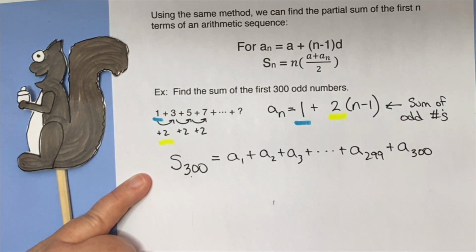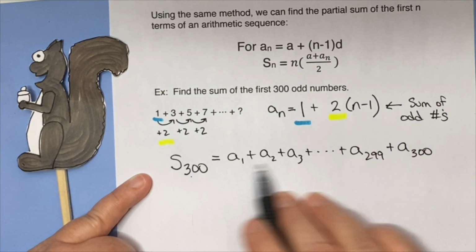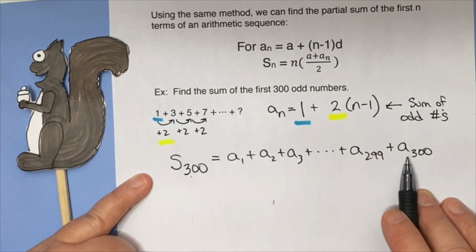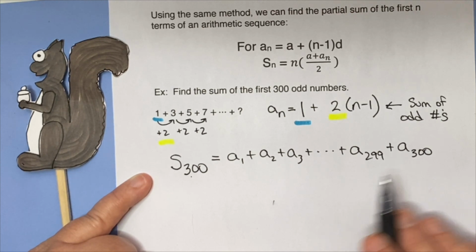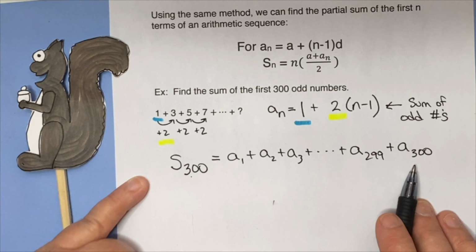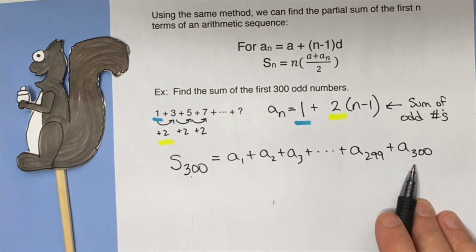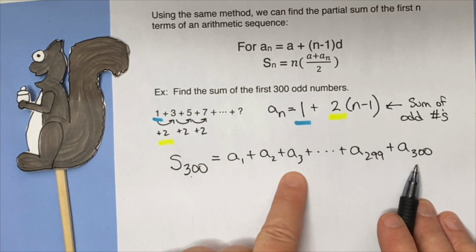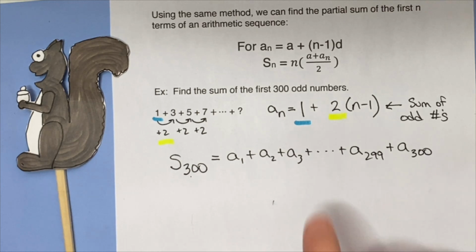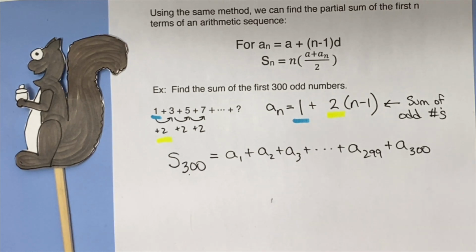Now, how big a pain would this be to calculate on your calculator? Oh my goodness, such a pain. You could do it, but you would be up for a little bit, because this is 1 plus 3 plus 5 plus 7 plus 9 plus 11 plus 13, etc.